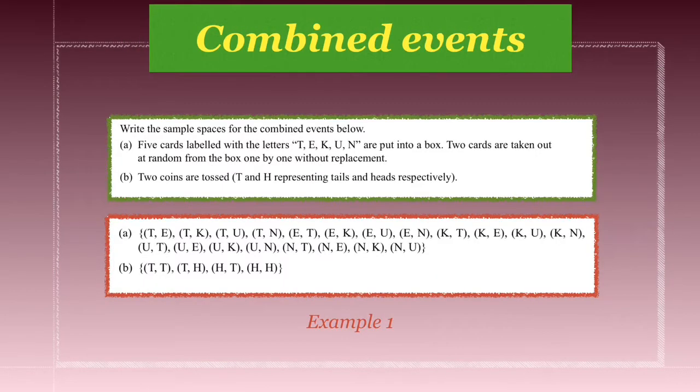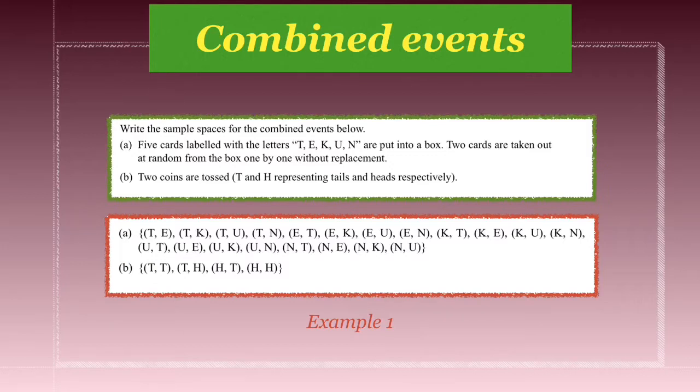Okay, let's have a look at the answer. For A, the total number of sample space is 20 because the first event has 5 outcomes, followed by without replacement, so the second event will have 4 outcomes. So the total number of sample space will be 5 times 4, multiplication rule, which is 20.